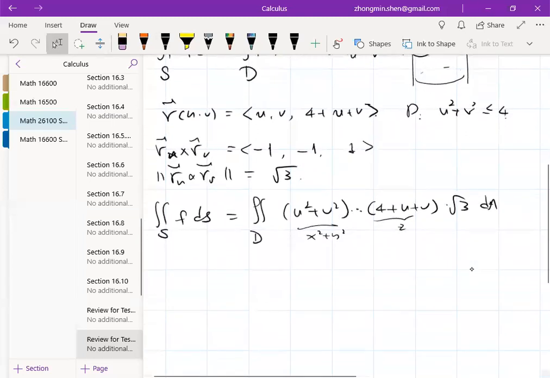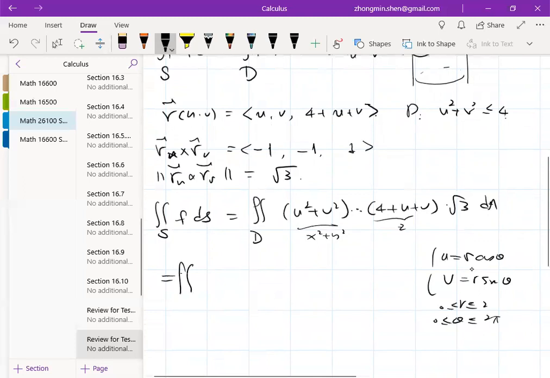Okay, so now to solve this problem, you use polar coordinates. Okay, u equals r cosine theta, v equals r sine theta, and r is between 0 and 2, theta is between 0 and 2 pi. So you get a double iterated integral.